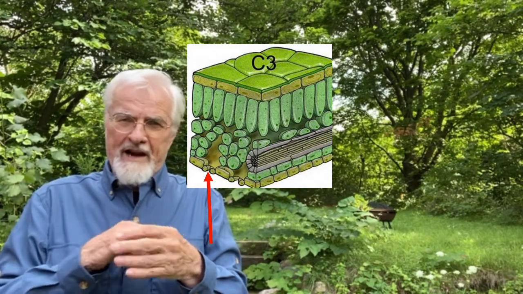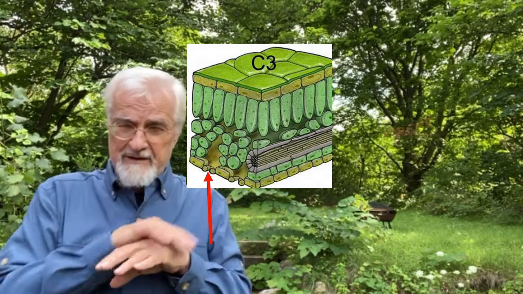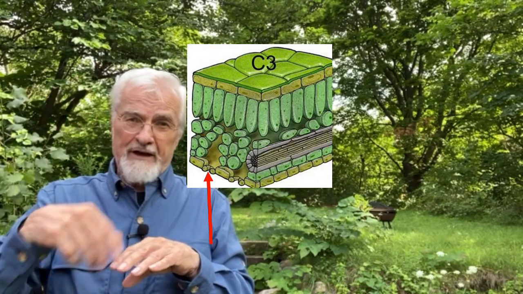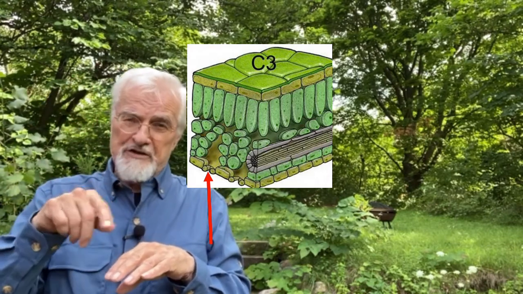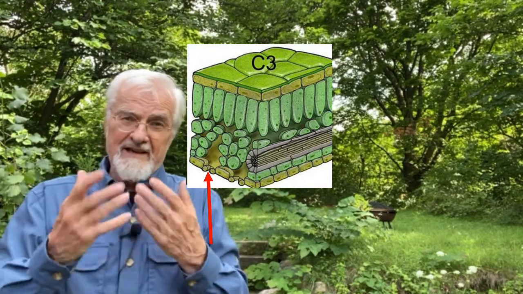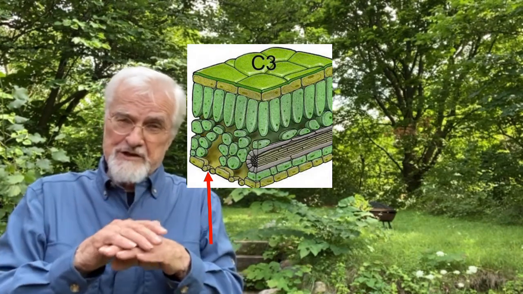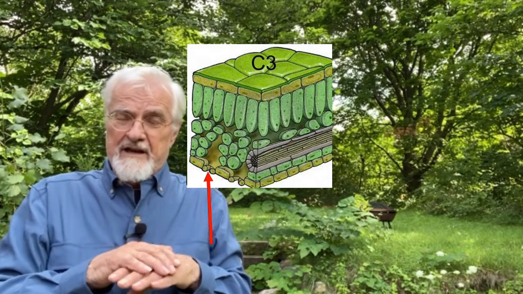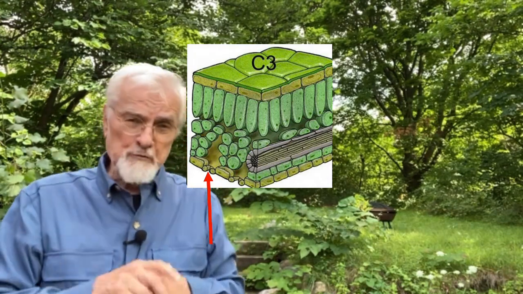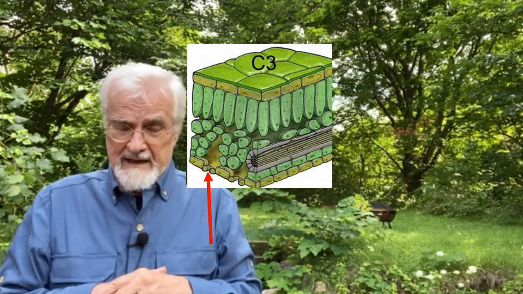As the Calvin cycle moved around and around, using up all the CO2, the air inside the leaf would have a high concentration of oxygen, which means that photorespiration would happen very, very frequently, which would be a huge problem.